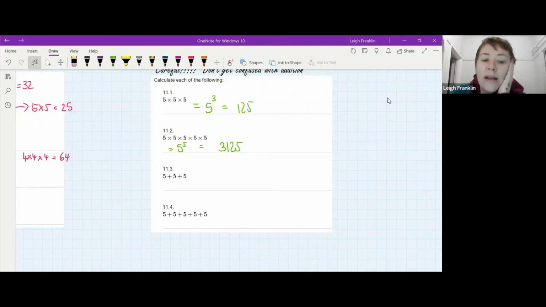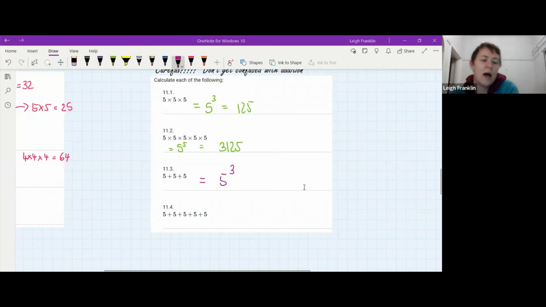Now, in 11.3, 5 plus 5 plus 5, is it okay if I say this is also 5 to the power of 3? Is that true? Am I allowed to do that? No, ma'am, you can't do that.